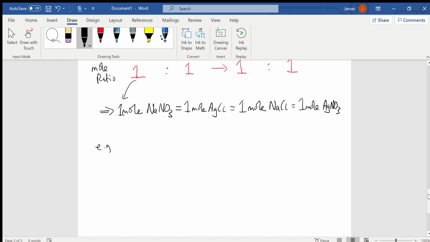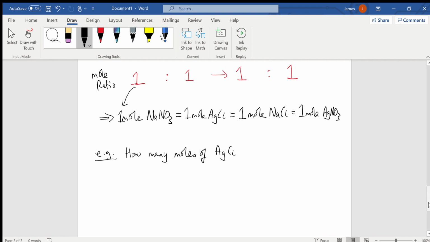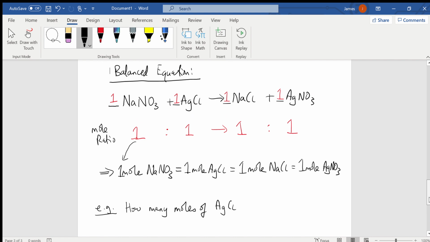So for example, let's say the question said, how many moles of AgCl, sorry, let me just see what I wrote. I've just spotted, it won't matter because I'm not really paying much attention to the chemistry of what I'm writing, but I've just noticed what I wrote doesn't make any sense.